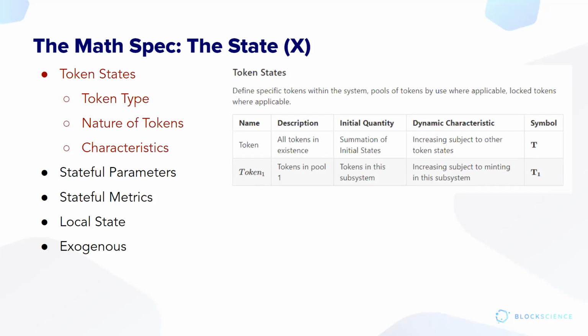You wouldn't go further into the dynamic characteristic of how they may be changed directly. That is probably going to be in your set of algorithms, but there are some expectations here. So we would have a symbol, and we would also have the domain of that as well.